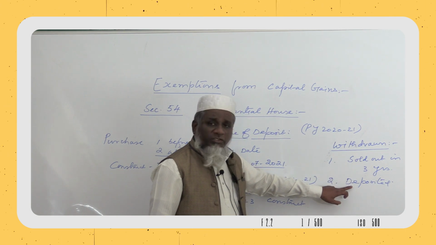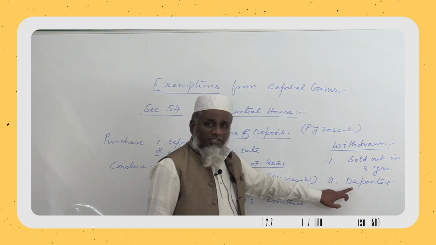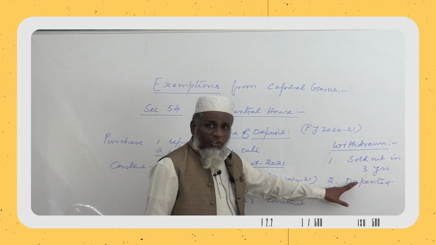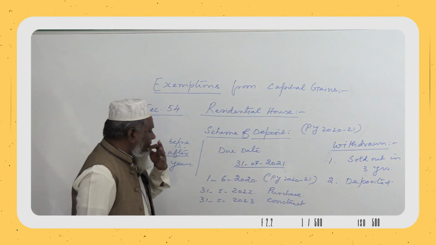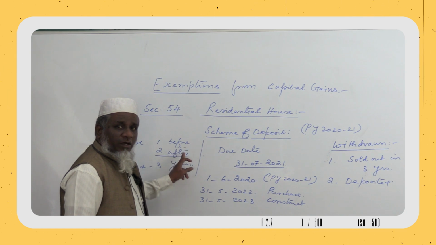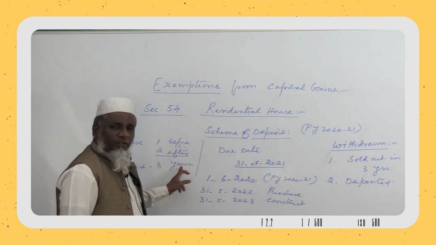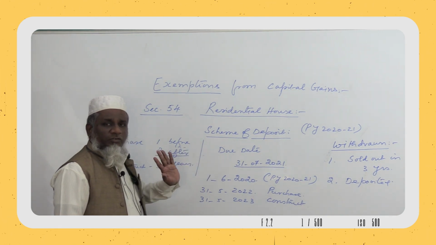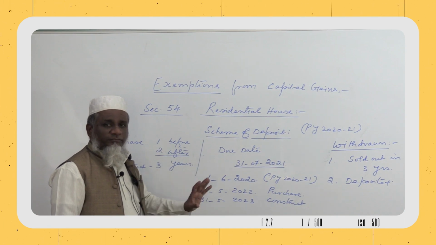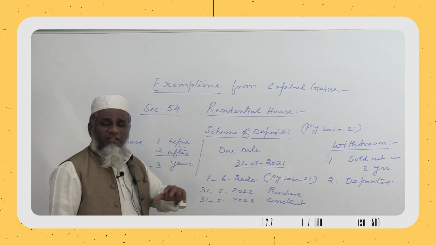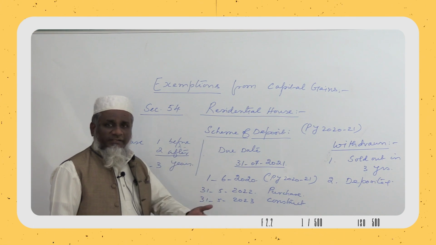And after depositing, when I have claimed exemption, the deposited money should be utilized for purchase or construction within the time. So with this, we complete section 54. Another 2 sections we will try to discuss in the next class. Thank you.